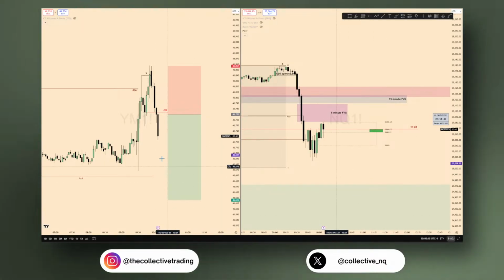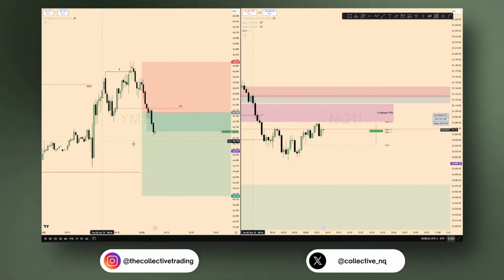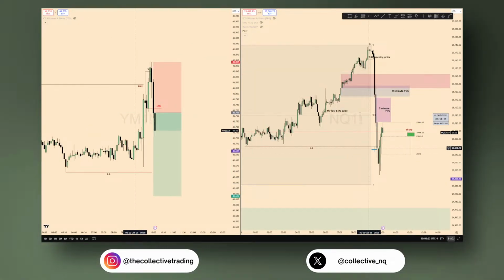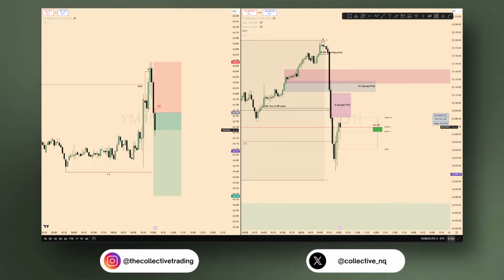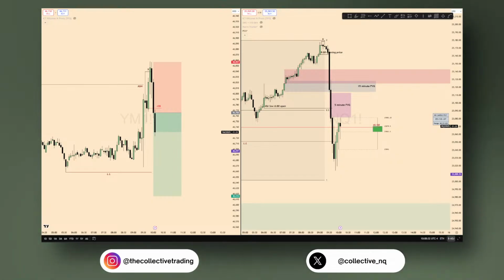Same scenario. Oh, sorry, that's a 3-minute. That's why the level is different. I would partially like NQ to get into that 5-minute here. Still in the 15-minute, right? But being in that 5-minute would trade to that equilibrium of the daily range so far.